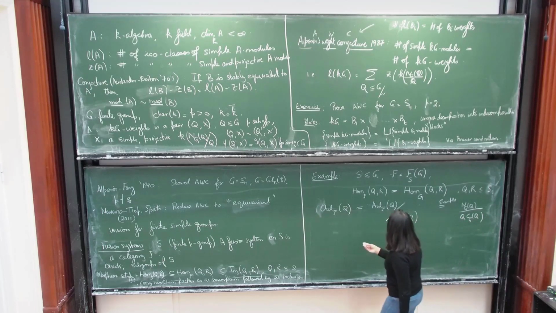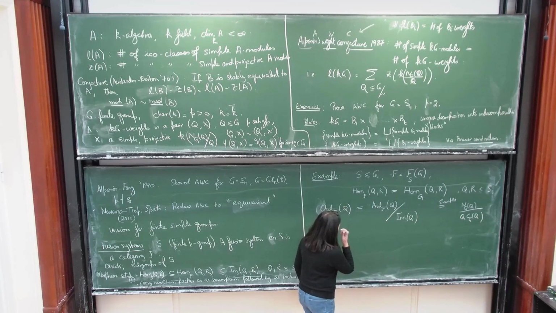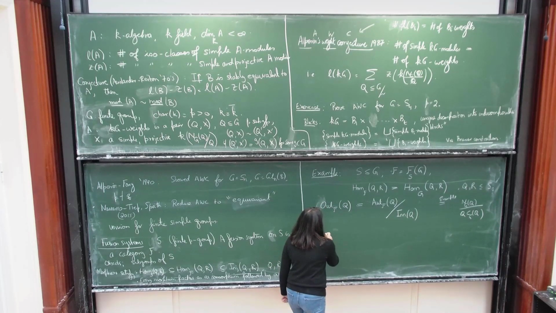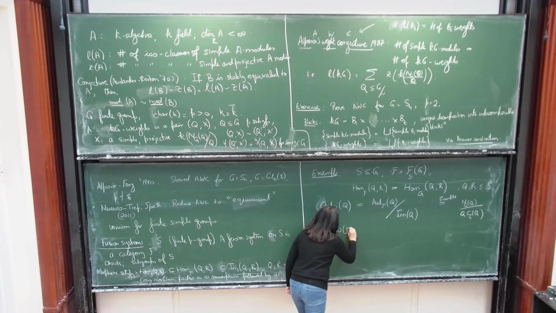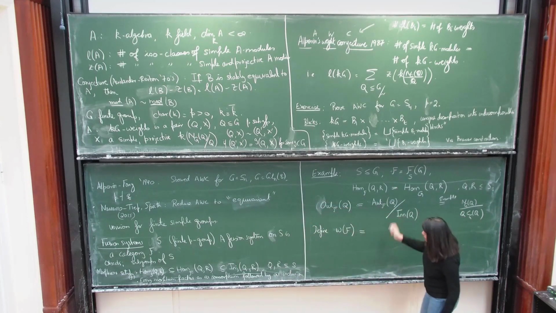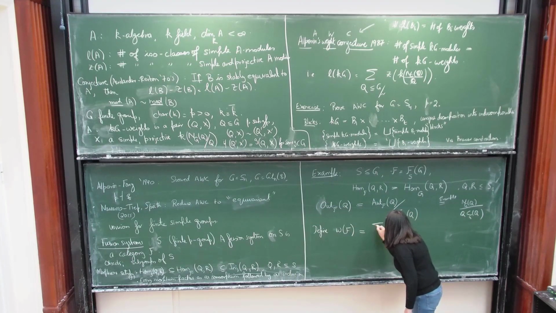Okay, and that's what we are going to do. So now we are going to count. We're going to define a number associated to this fusion system, and I'm going to explain this. F-centric radical.